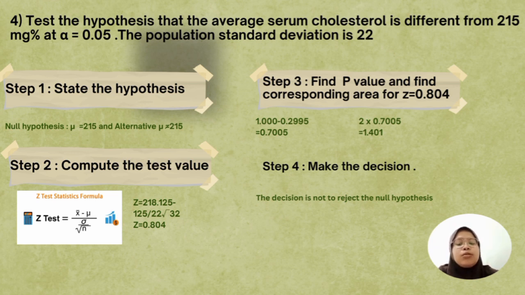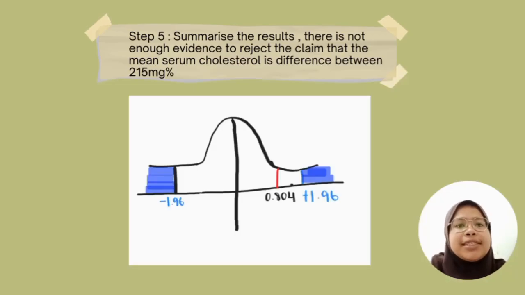Since this is a two-tailed test, the area of 0.7005 must be doubled, so we can get the value 1.401. For step 4, we need to make the decision. The decision is to not reject the null hypothesis. Step 5. Summarize the result. There is not enough evidence to reject the claim that the mean serum cholesterol is different from 215.